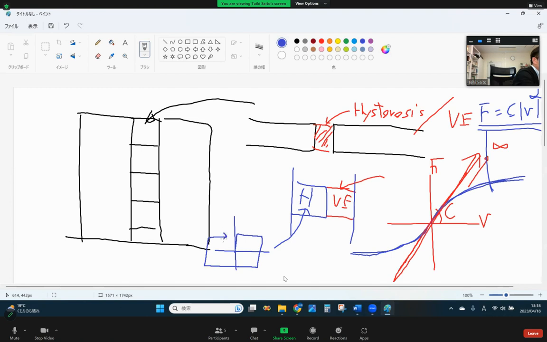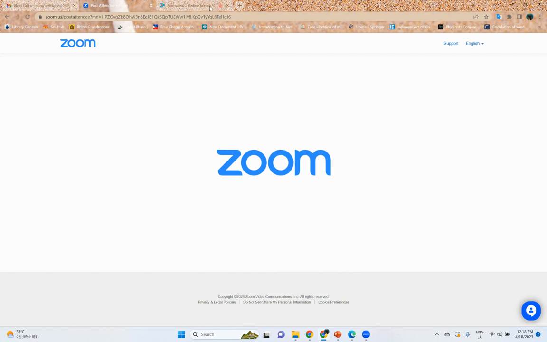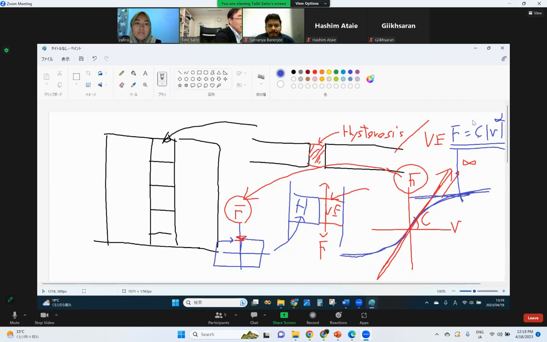If the shear force F is the same here and here, because it is connected in series, and F exceeds this upper limit, the damping force doesn't go up.